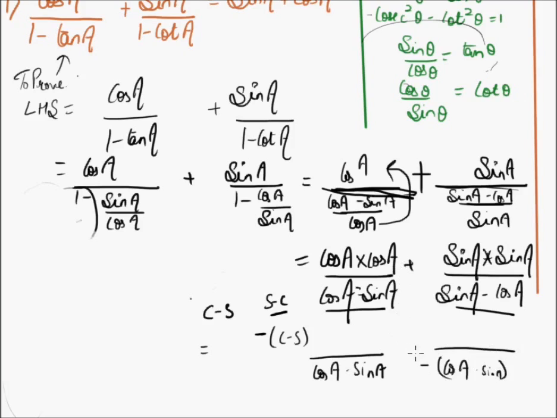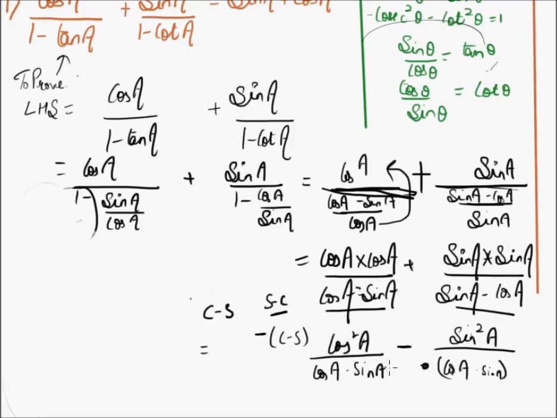Now this minus will be multiplied by this plus and will result in the whole minus, whereas cos A into cos A is cos square A and sin square A over here.